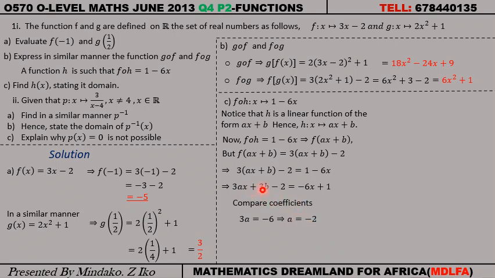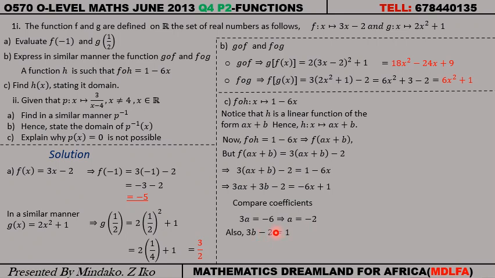And then let's equate the constants now. You notice that 3b minus 2 is a constant. Actually 3b is a constant, minus 2 is a constant, and 1 is also a constant, so I can equate them. At the end of the day, I have 3b minus 2 equal to 1, and then I can send it to the other side of the equation.